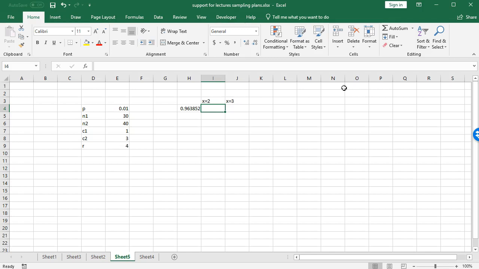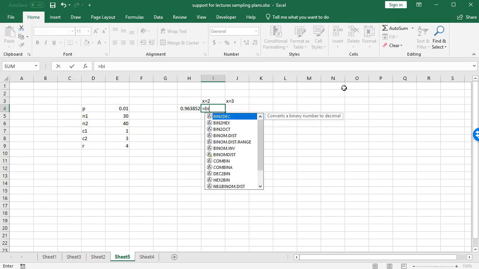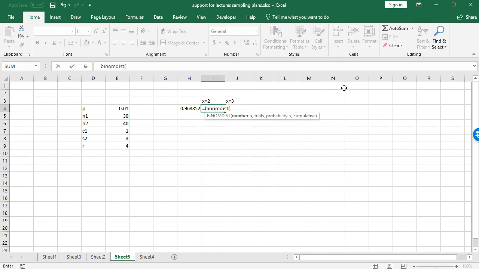So we have to compute those probabilities as the binomial distribution, with the number of successes now being 2. Number of trials remains 30, and the probability remains 1%.